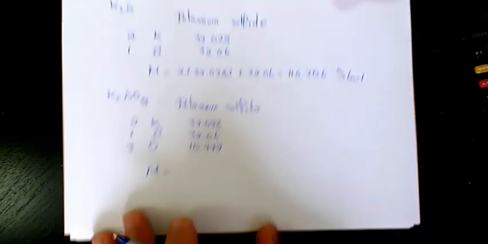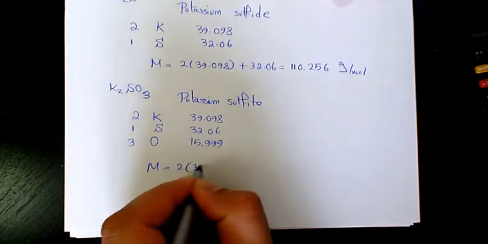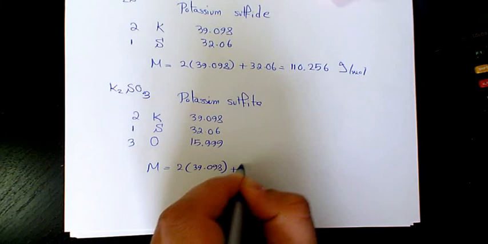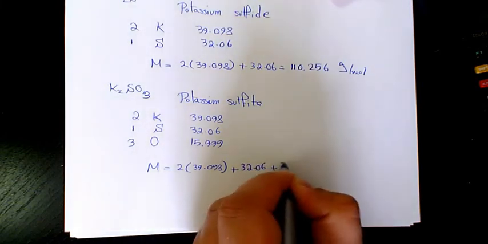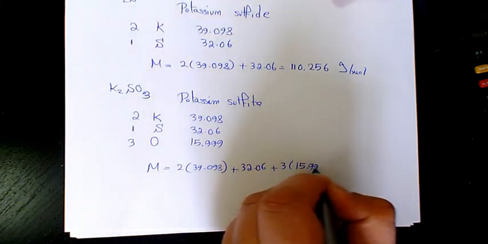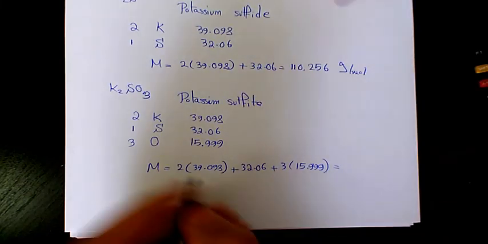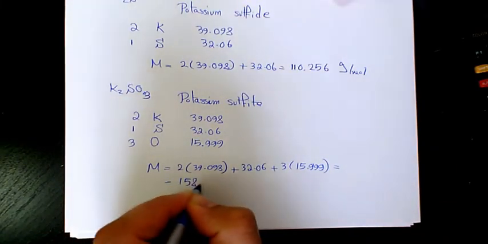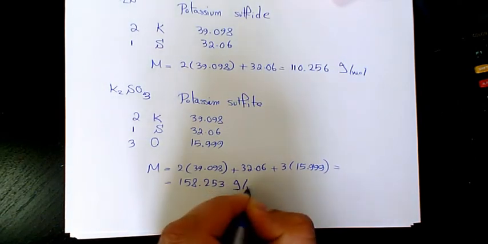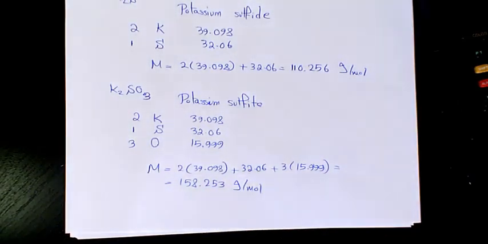So that's going to be 2 times 39.098 plus 32.06 plus 3 times 15.999. That's going to be 158.253 grams per mole. That's the molar mass of potassium sulfite.